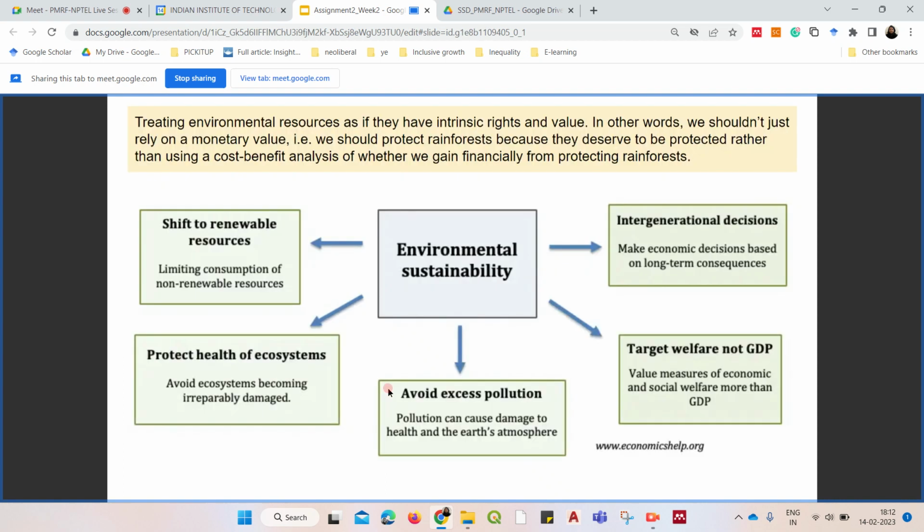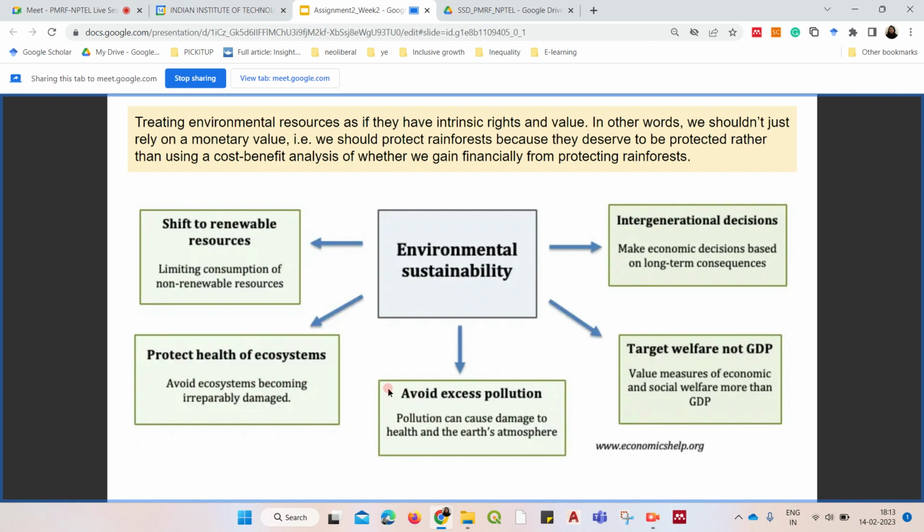So it relates to the concept of environmental sustainability, what environmental sustainability exactly means. What it exactly means is that you treat all the environmental resources in a way that they have their own intrinsic value, that they have their own right to exist, and they do not exist just to provide some monetary value to humans.